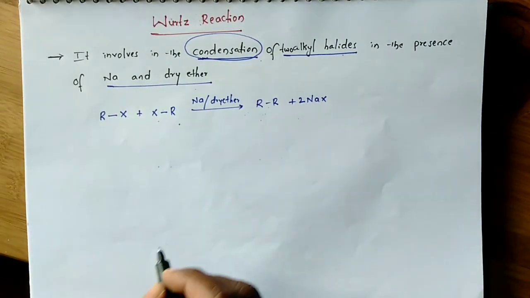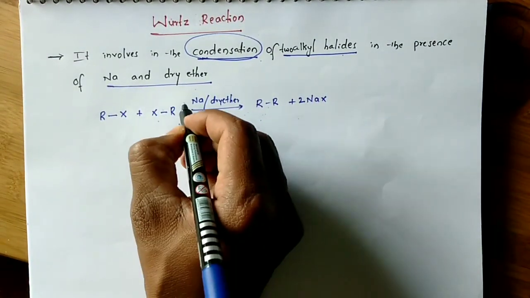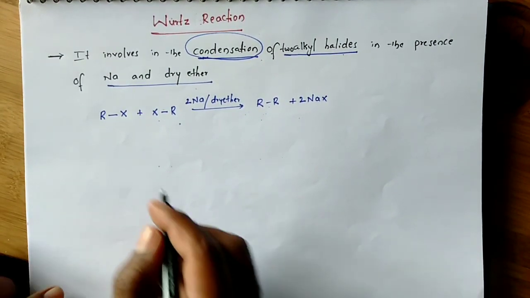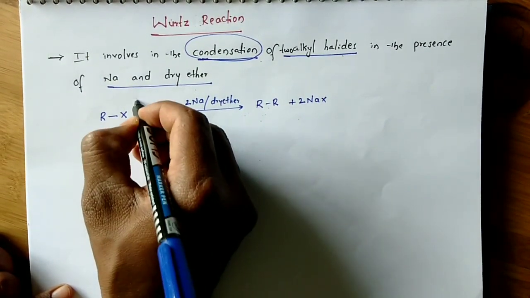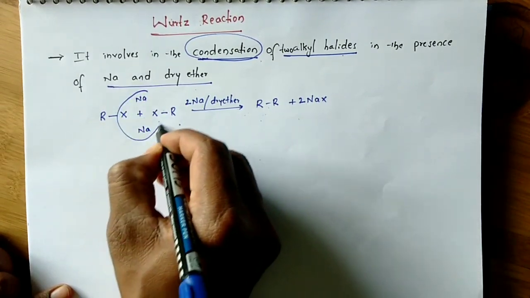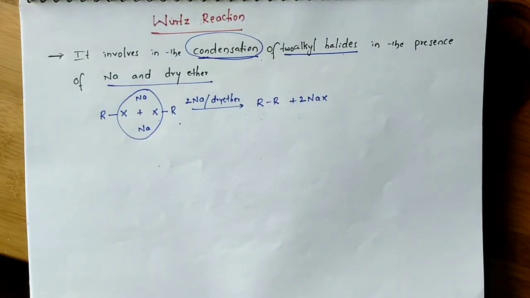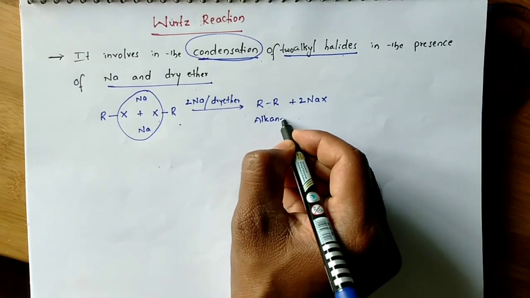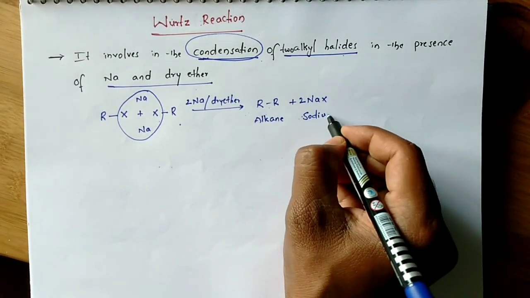Here two halogen atoms are there, so we have to take two sodiums in this reaction. The two sodiums will take the two halogens from the alkyl halides, and we'll get alkane and sodium halide.